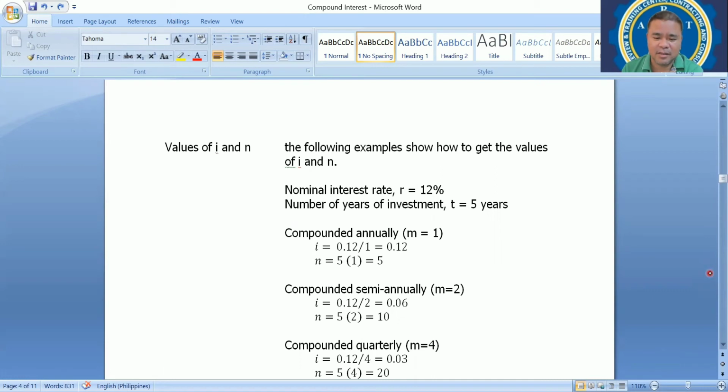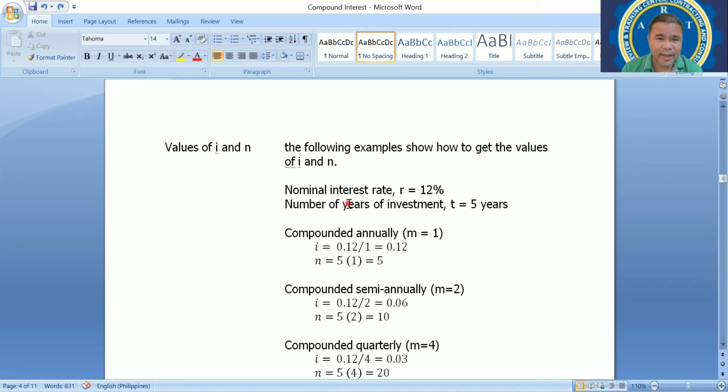This is based on experience in exams. During the exam, you can answer the problem, but the question is whether your i and n are correct, because if they are wrong, you will still get an answer, but it will also be wrong. So it is very important that you have the right i and n during the board exam.